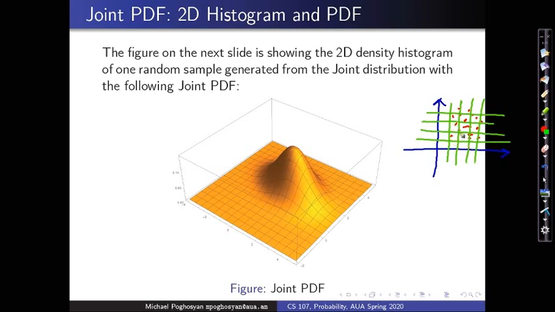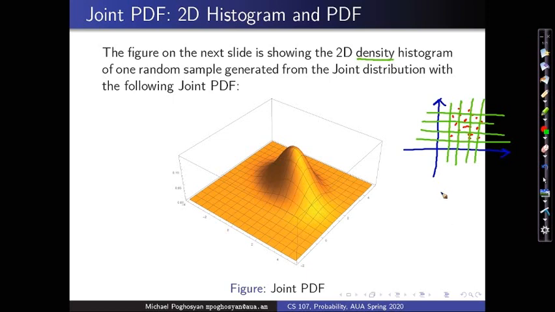Then for each square, I calculate the ratio of points in that square: 1 over the total number of elements, or here I have several points, say 3 over the total number of elements. For each square, I draw a three-dimensional bar over the square with height corresponding to that proportion. I am drawing the density histogram, the proportion of points that lie in that rectangle.